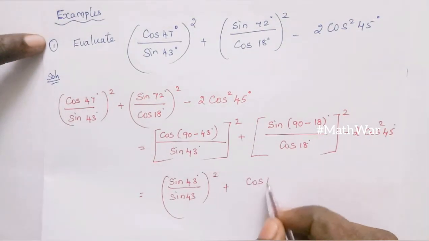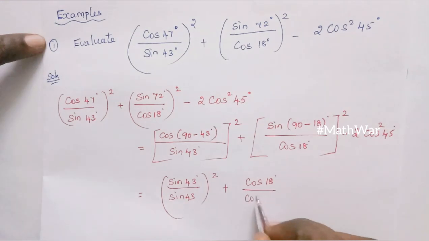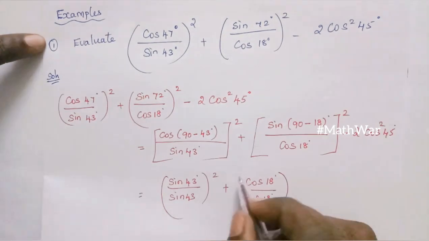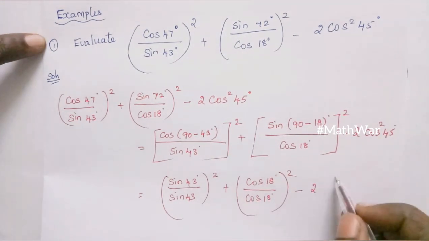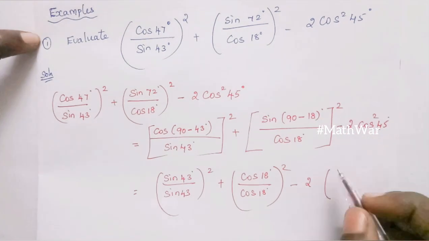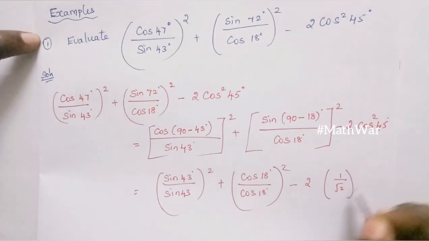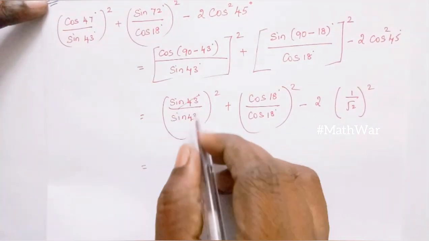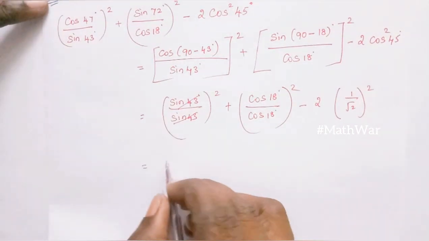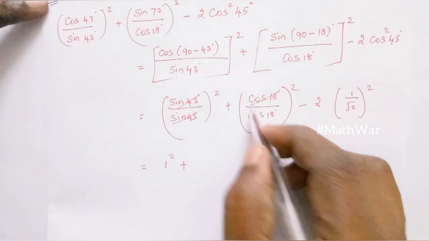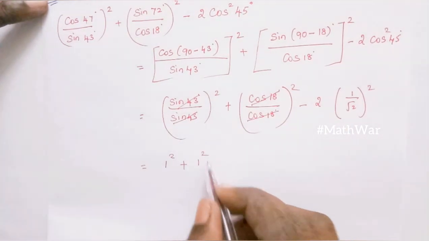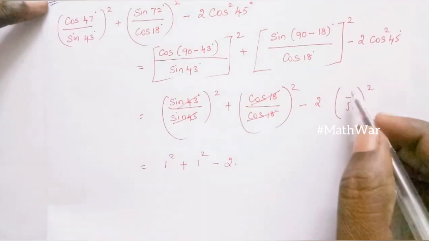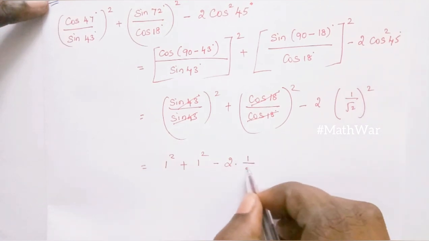So cos 18 degree by cos 18 degree whole square, minus 2 into cos 45 degree, we know the value, it is 1 by root 2, whole square. Sin 43 degree will get cancelled, so 1 square plus, here cos 18 will get cancelled.